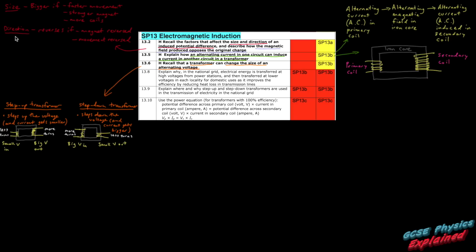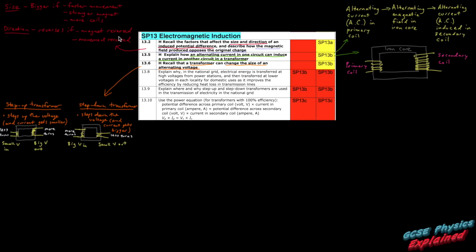And the direction of the voltage reverses if the magnet's reversed. So if you put a magnet in, you might get a positive voltage, in which case if you pull it back out, you'll get a negative voltage. The direction of the voltage reverses if the magnet is reversed. So, for example, if you push the north pole of a magnet into a coil, let's say you get a positive voltage.